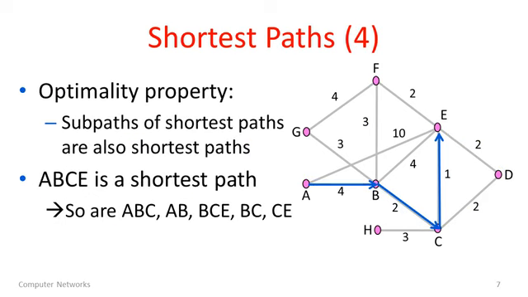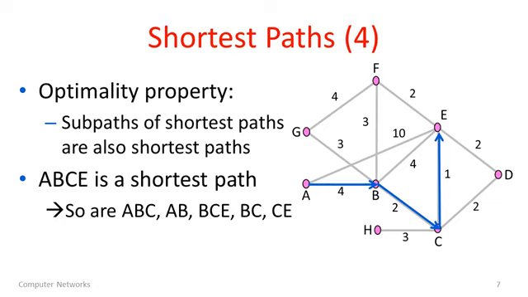The interesting thing about these shortest paths, which we're going to use as part of our routing algorithms to compute these things, is that the paths have what's called an optimality property. And the optimality property is that if you have a shortest path, any subpath of it is also a shortest path. That's kind of handy, actually. So in one shortest path, there are actually many different shortest path segments we found.